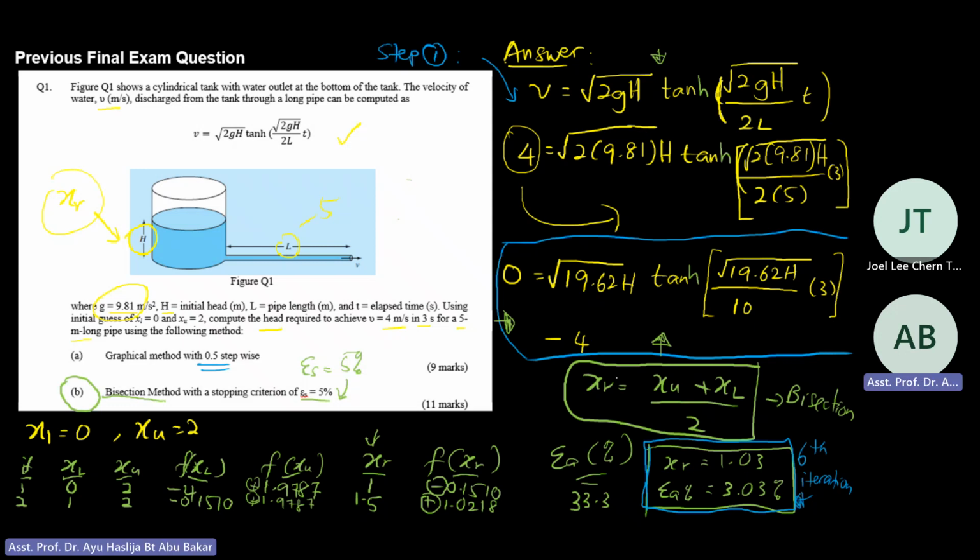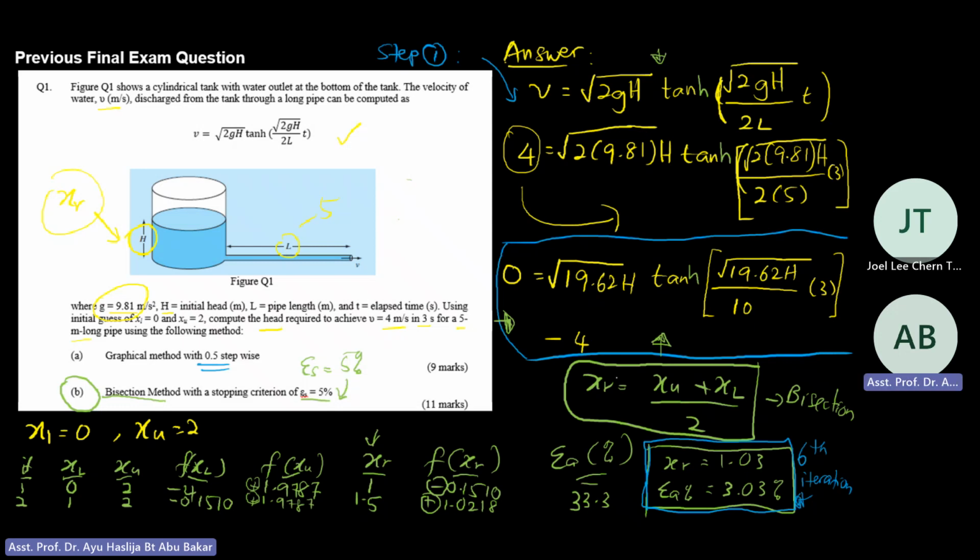Because later on we will proceed with the false position. Similar method but different equation of XR. Once you get the XR value, compare with the graphical method that we plotted last time. The XR value from last time was around 1.1 to 1.2.